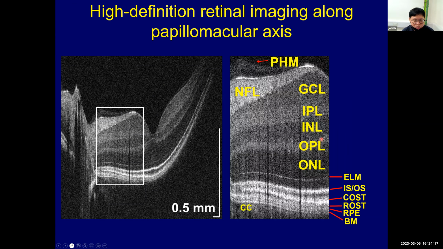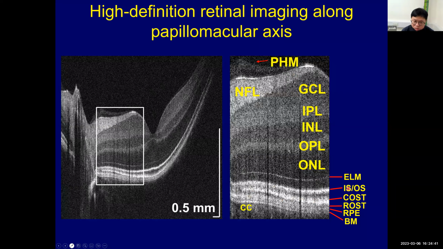Adaptive optics is a whole topic that is worth another hour to talk about, but this is quite close to the highest resolution image you can see in the literature. You can get quite good contrast for all the different layers, including all the layers in the outer retina.